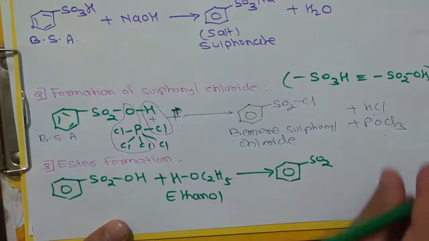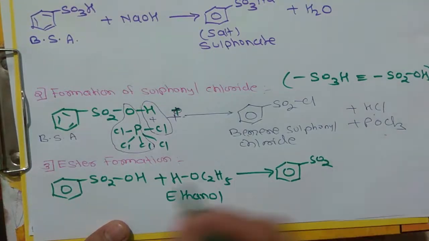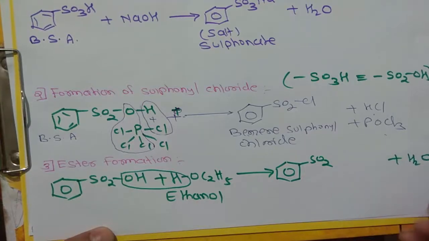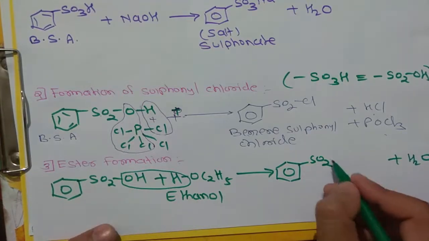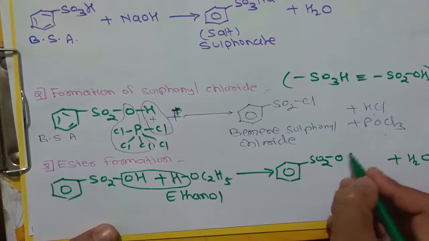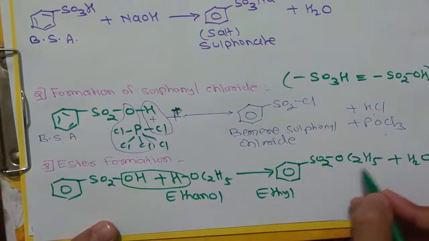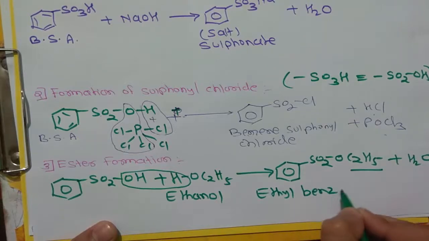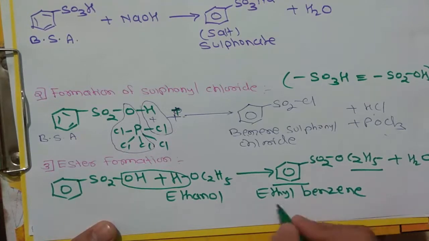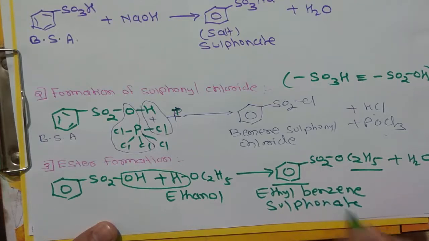SO2 plus H2O, SO2OC2H5. Here it is ethyl benzene sulfonate, meaning the ester is formed.